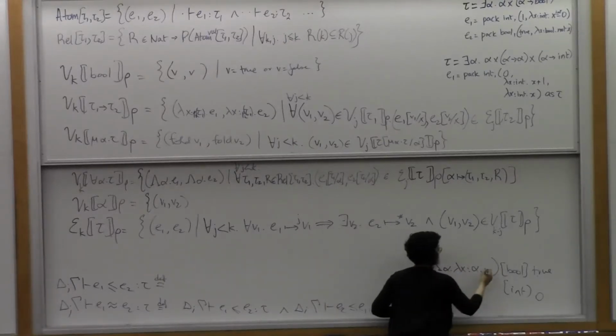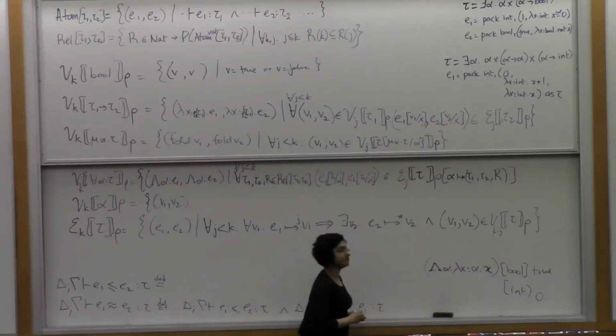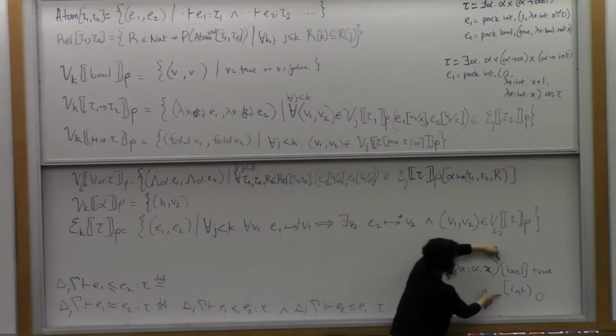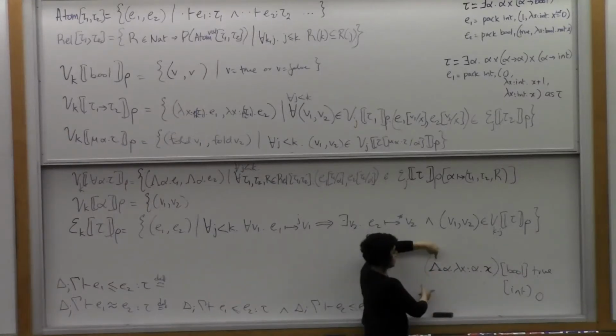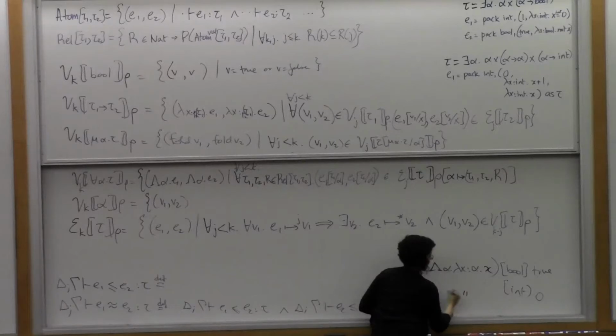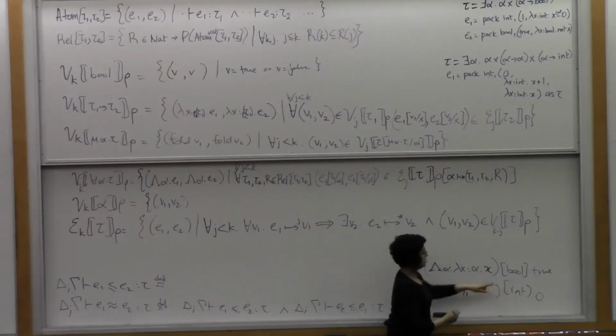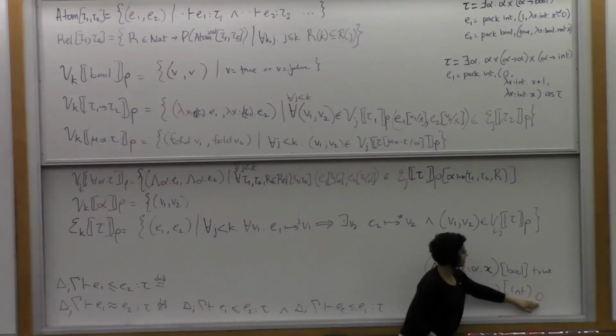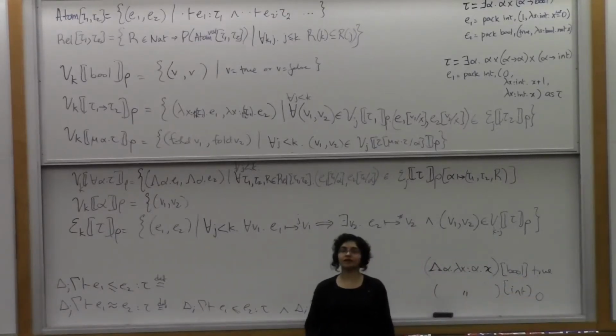Let's take a look at what if we had the polymorphic identity function here, right? I am going to pick two different types, bool and int, to instantiate this function. So I'm taking the same function, applying it to bool on one side and int on the other side. And then I'm passing in true over here and 0 over here.